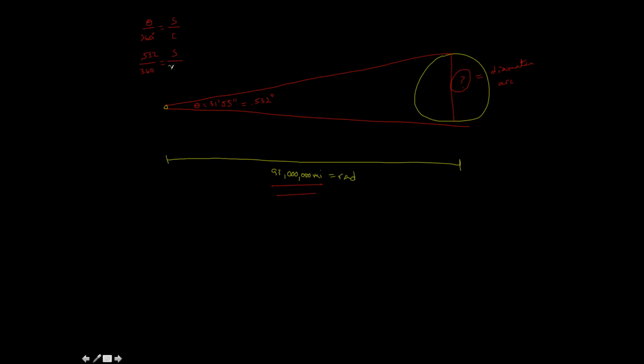So we would have to use 2 pi r for our circumference here, and take our 93 million and substitute it in. So really, this is what we have. And please get in the habit of not rounding in trigonometry until the very last step, because if you round before the last step, it's going to cause you to have some error.